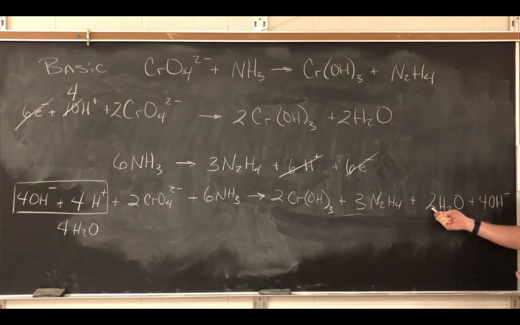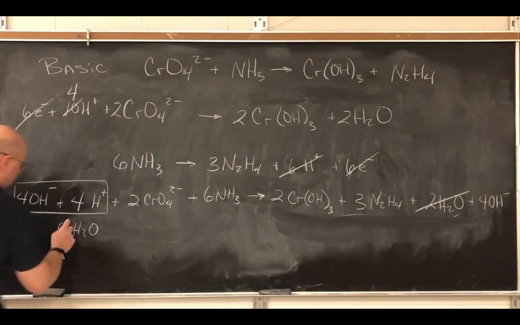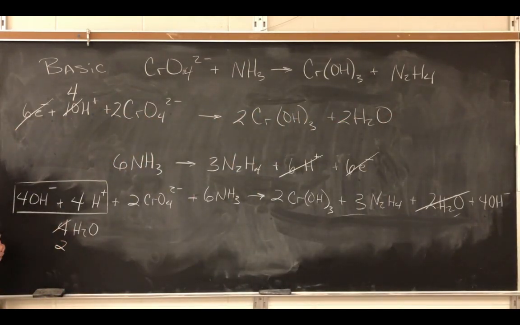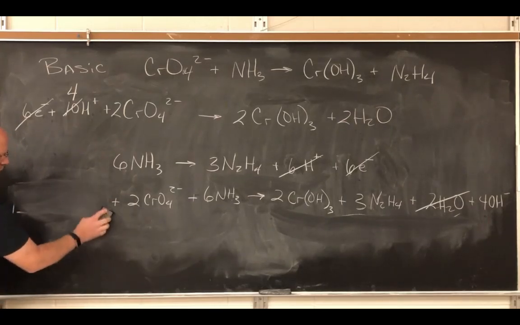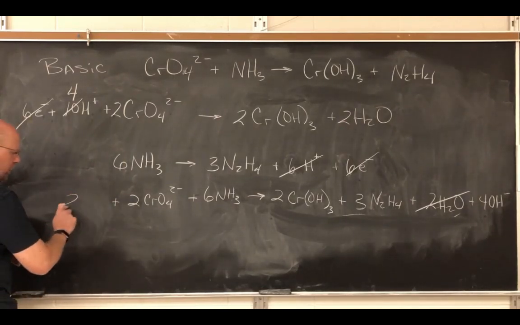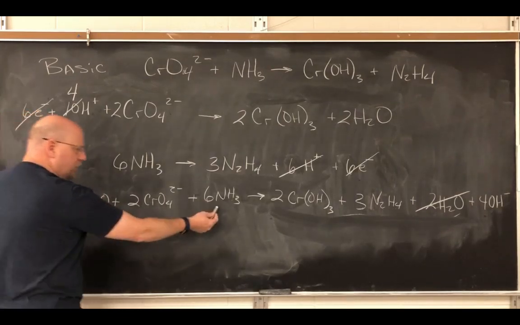So if we have 2 water molecules here, and we've got 4 over there, this is going to go away completely, and this is going to change to a 2. So our final balanced chemical reaction is going to be 2 water molecules, 2 chromates, 6 ammonias.